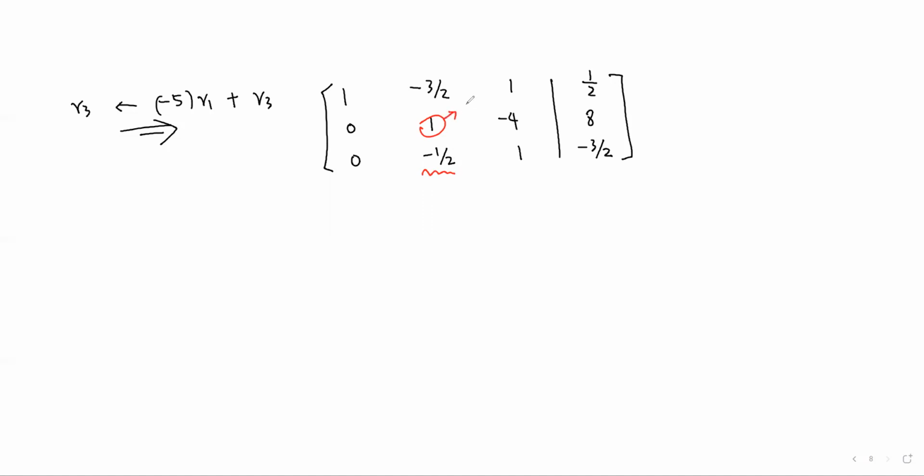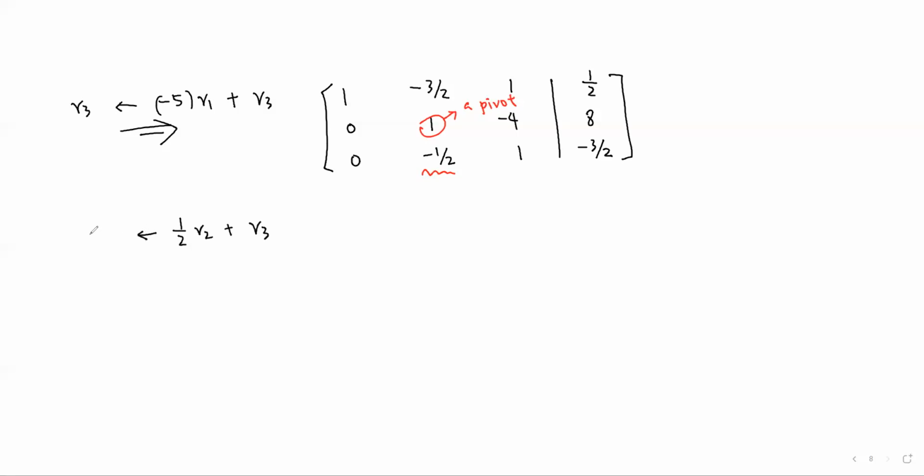The book calls this number the pivot number. To do that, +1/2 times row 2 plus row 3.